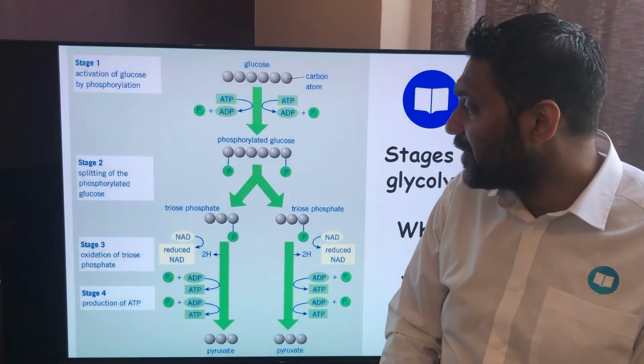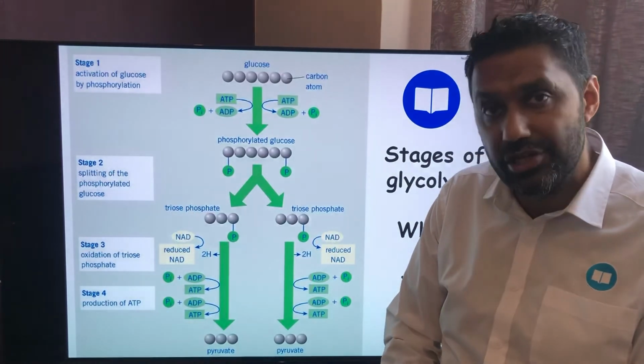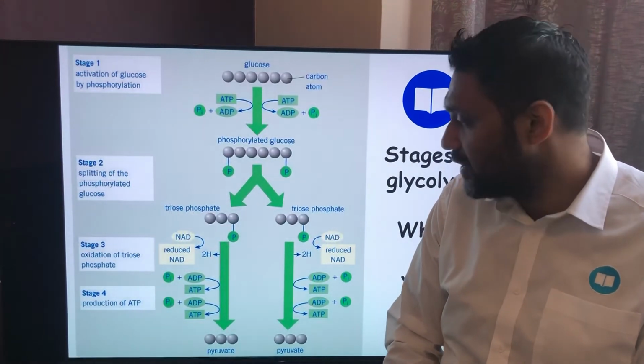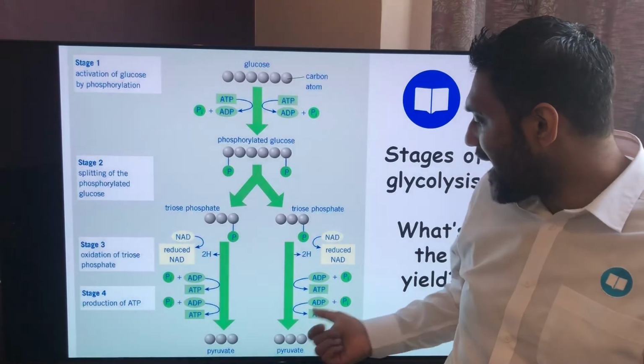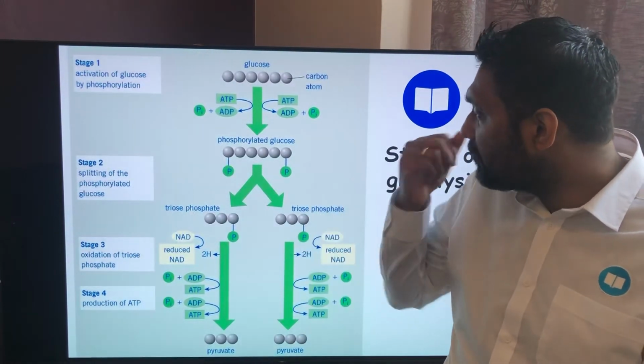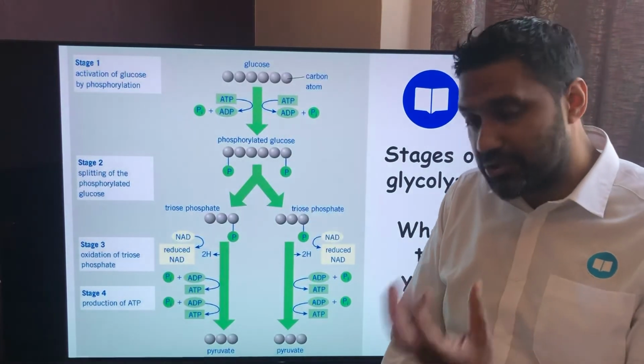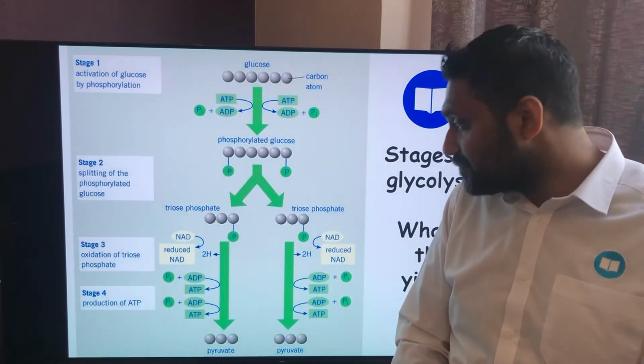And the first bit, this is known as substrate level phosphorylation. So what does that mean? I'm making ATPs not from redox reactions, but from the substrate level, from the substrate itself.